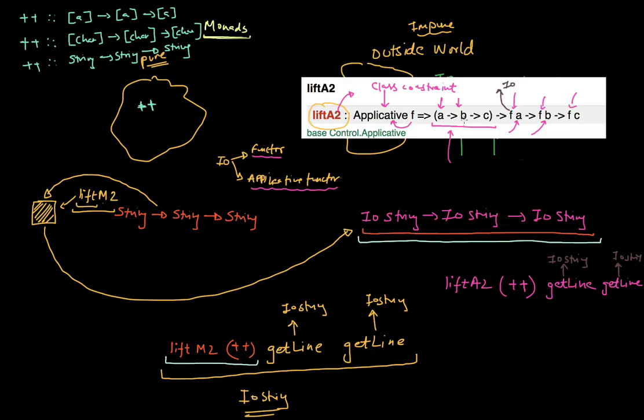If f is acting as my IO, then the constraint is that this f, which is your IO, must be an applicative functor. I also know that IO is an instance of an applicative functor, and by having this implementation to my liftA2 method, I can now perform concatenation of two IO strings.